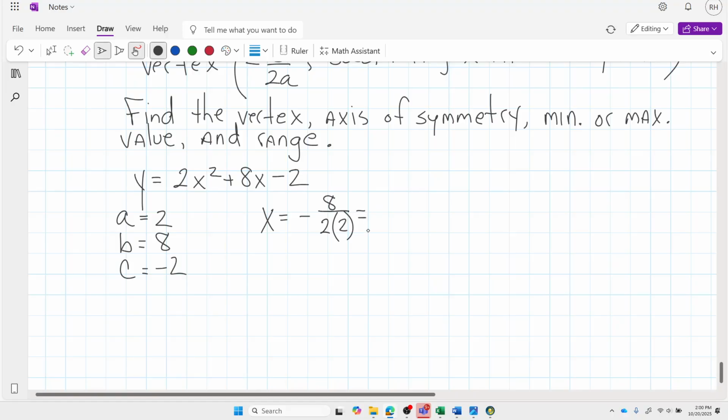And then simplify. All right, so this would be the opposite of 8 over 4, or negative 8 over 4. And what's 8 over 4 equal to? 8 over 4 is 2, so our x at the vertex would be negative 2.